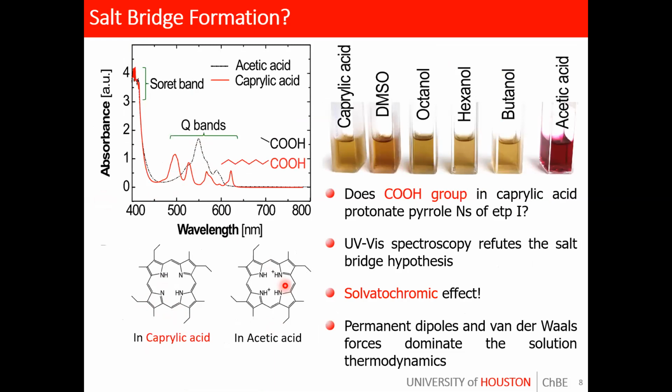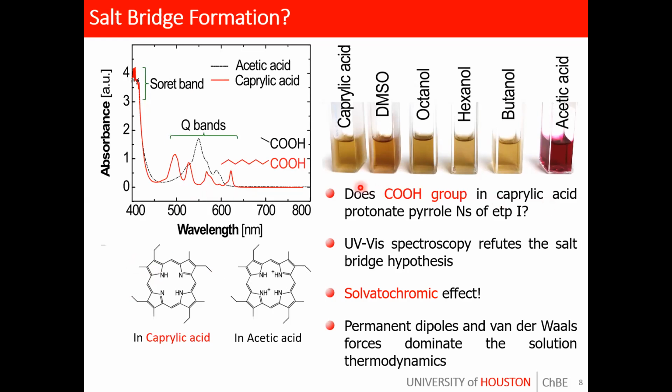So we see salt bridge formation in acetic acid, but in caprylic acid, we see the 4 intact Q-bands of etioporphyrin 1, as can be seen in other solvents also, which have only permanent dipoles and van der Waals interaction. So this indicates that caprylic acid doesn't have salt bridge formation.